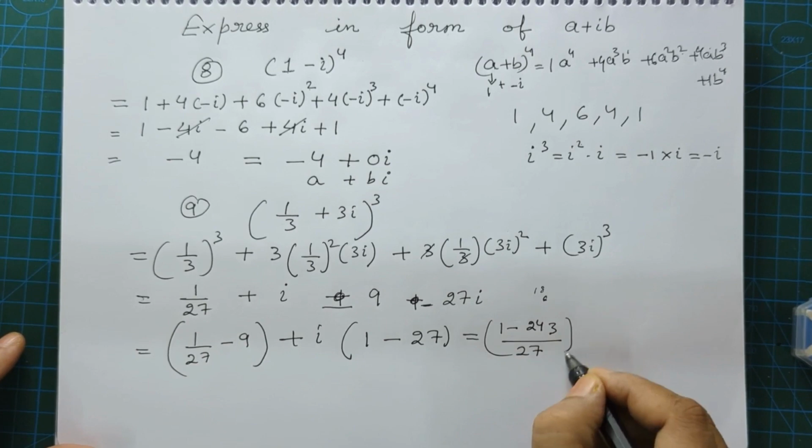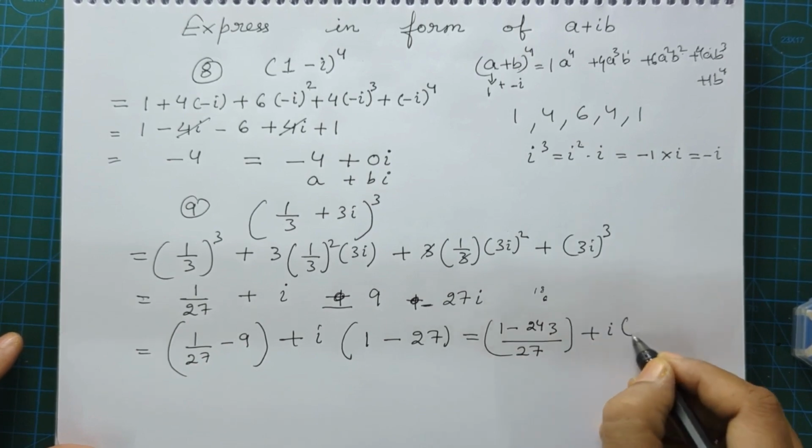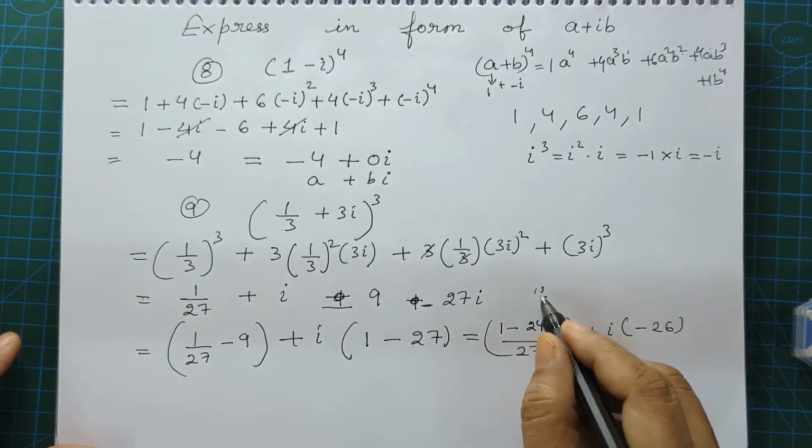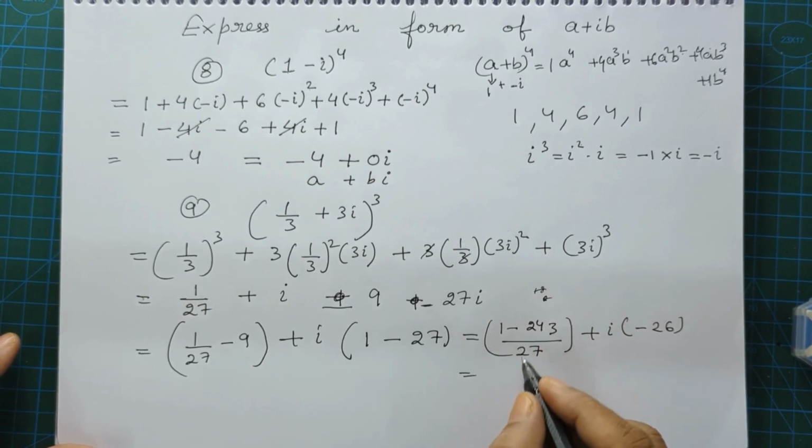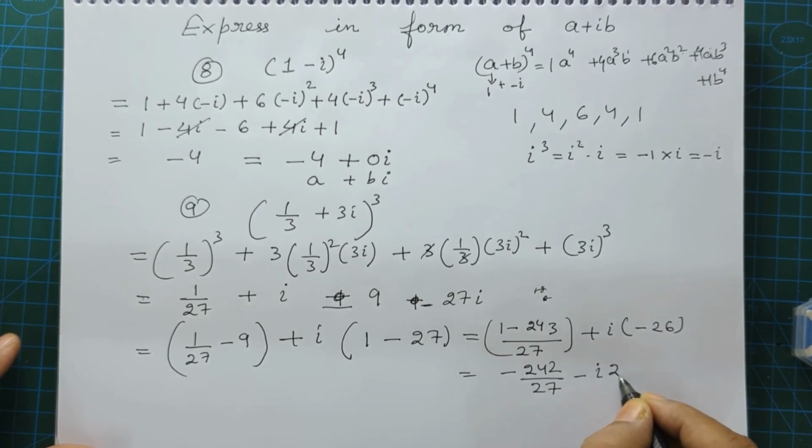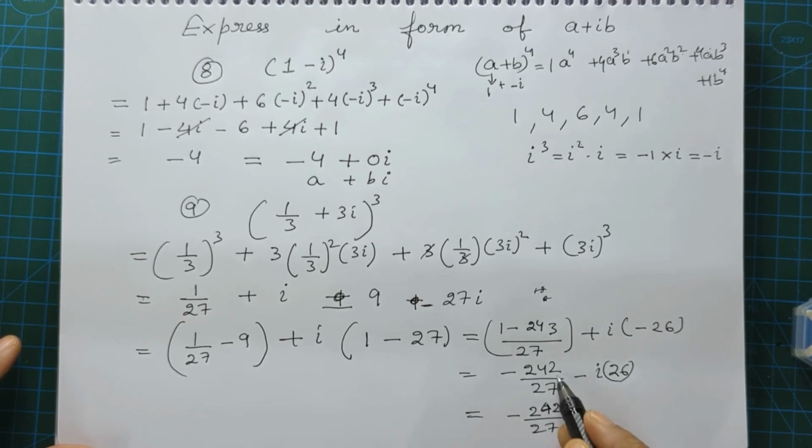So this is the real part, plus I times negative 26. This is negative 242 by 27 minus 26I. This is in the form a plus ib, or we can write this as minus 242 by 27 plus negative 26 times I.